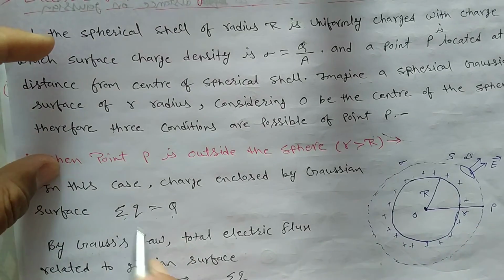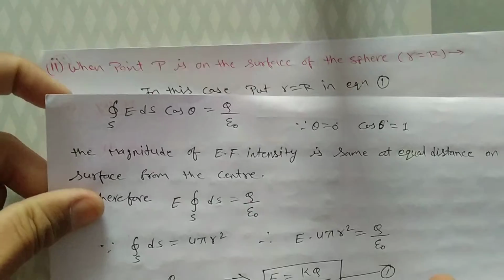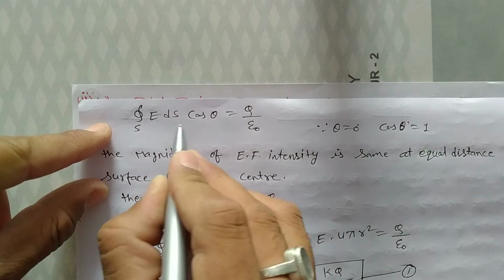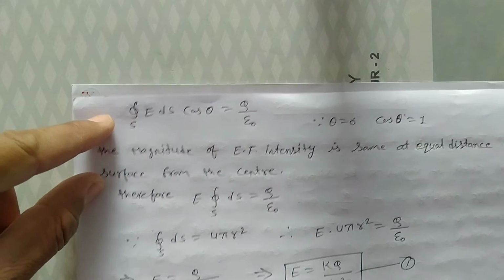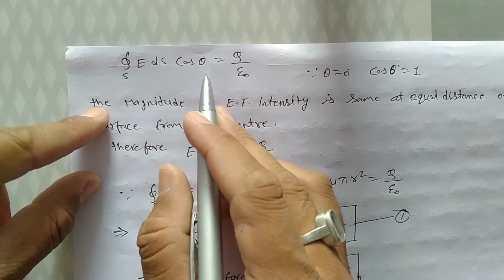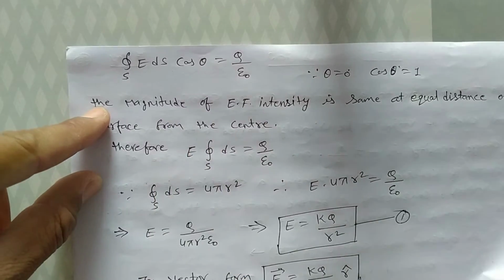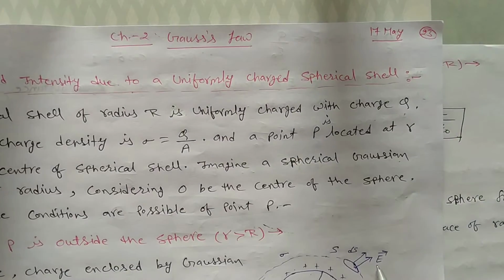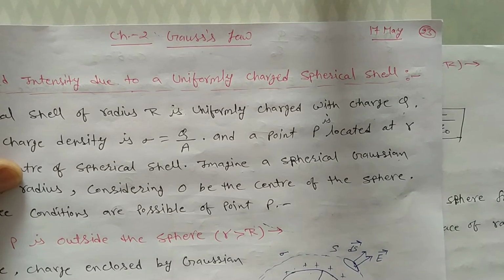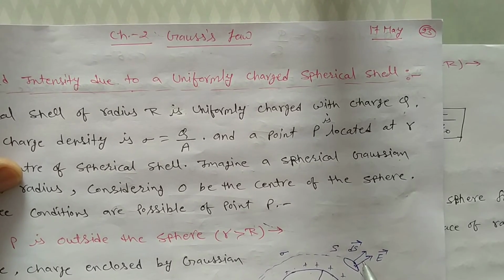Then put the value of summation Q in this equation, then we get the surface integral of E ds cos theta is equal to Q upon epsilon naught. Here theta is the angle between the direction of the electric field and the direction of the area element, which is 0.